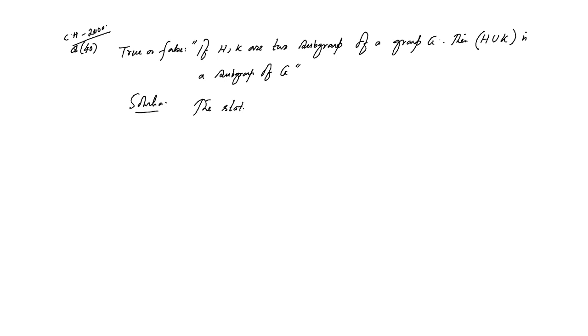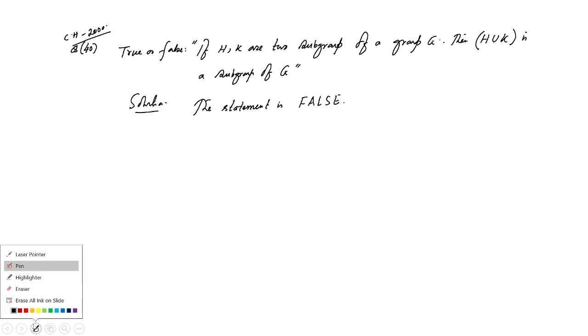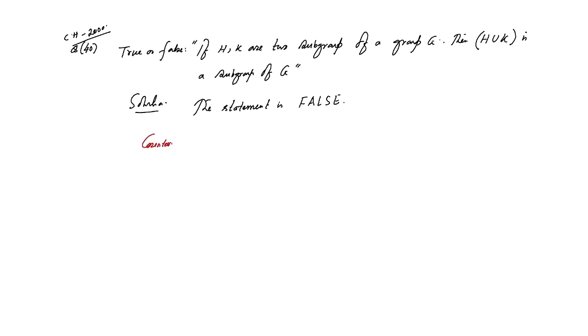The statement is false. Why is it false? We need justification. The union of two subgroups may not be a subgroup, whereas the intersection of two subgroups is always a subgroup. So we will give a counter example.